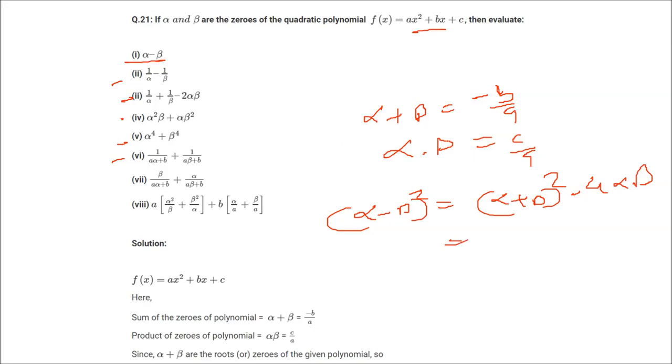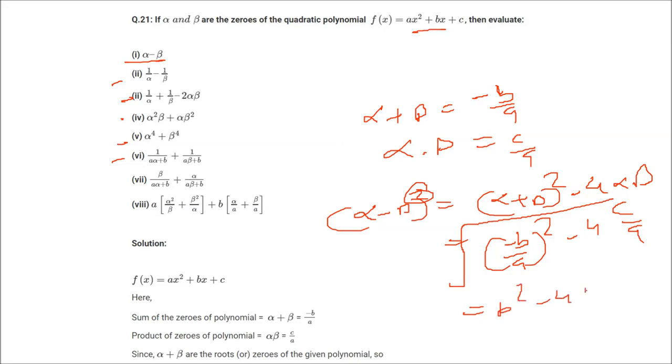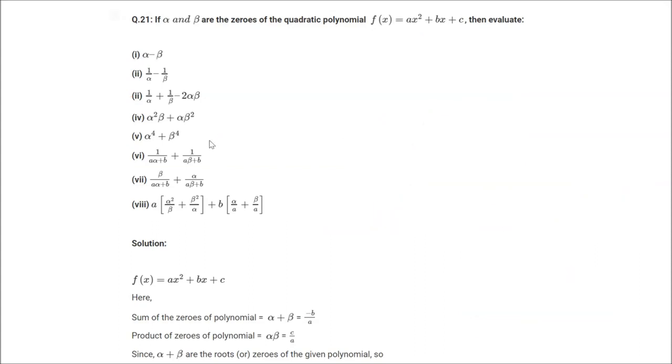So that is minus b by a whole square minus 4 into alpha into beta, that is c by a. So if you take alpha minus beta, the square goes to the other side as under root. So it comes to be b square minus 4ac by 2a under root.